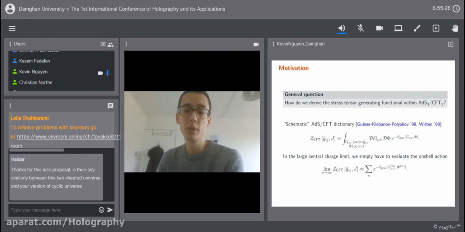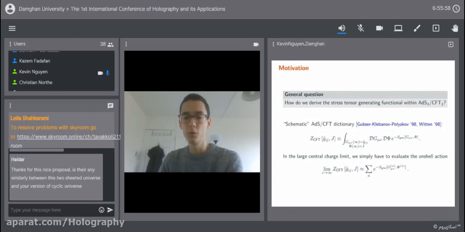This is precisely the regime I'm going to consider. Here I'm going to consider the regime of large central charge in the 2D CFT, which will correspond to the regime of small G Newton in the gravity theory, since we have the Brown-Henneaux relation between c and the inverse of the Newton constant.